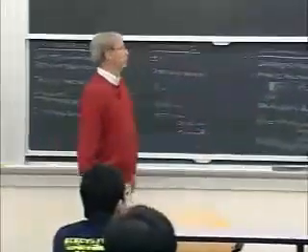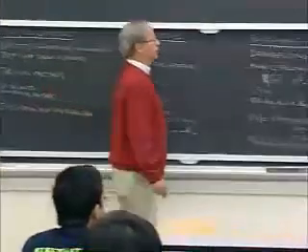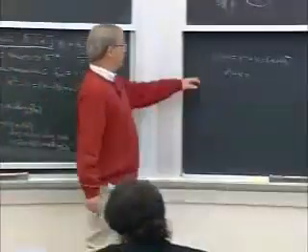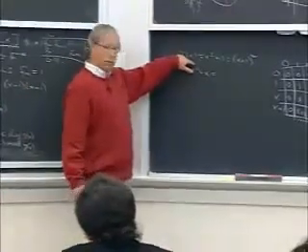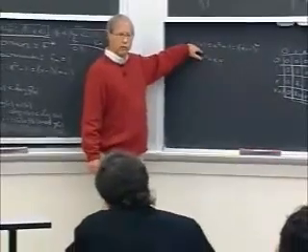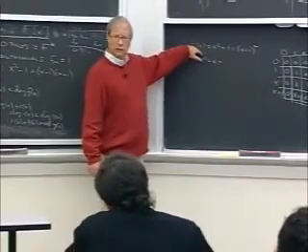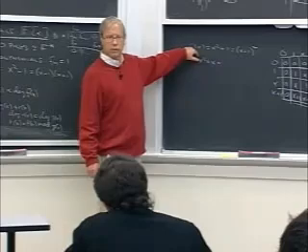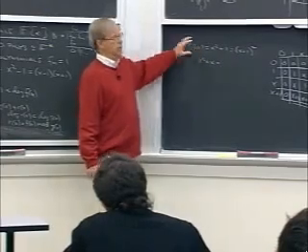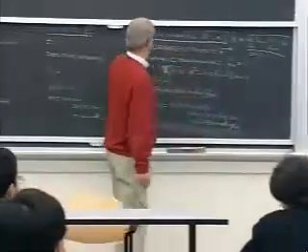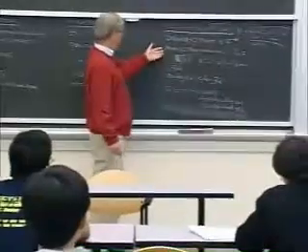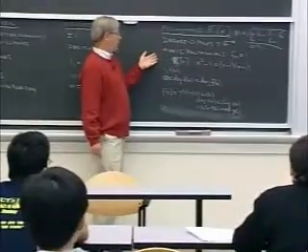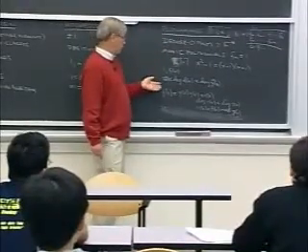Okay, so this will work if and only if g of x is irreducible, has no non-trivial factors, is a prime polynomial. These are all equivalent in f2 of x. There's this distinction in other fields that irreducible just means has no non-trivial factors.